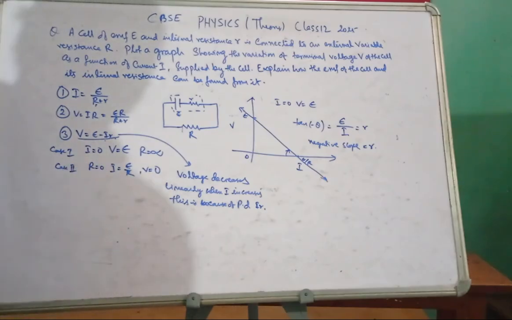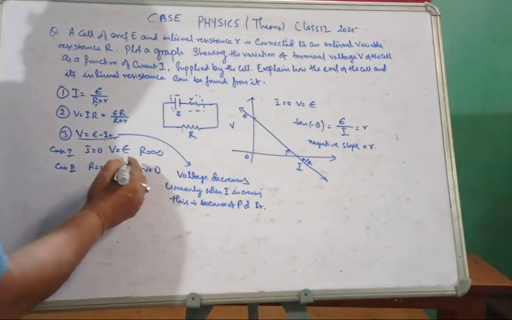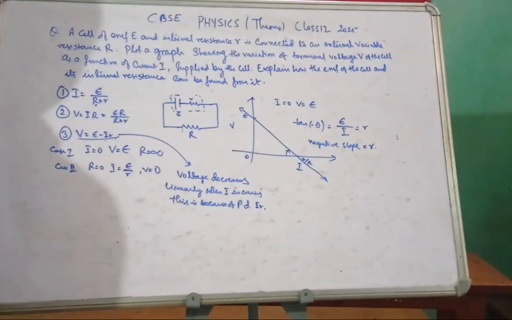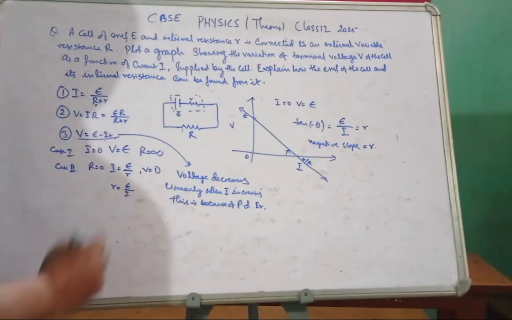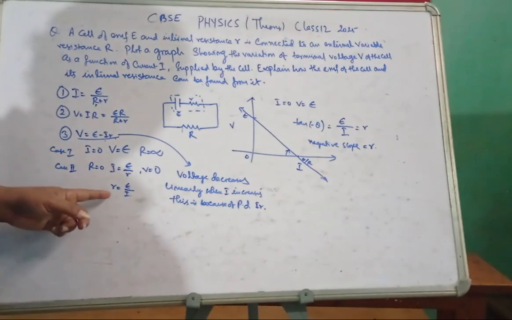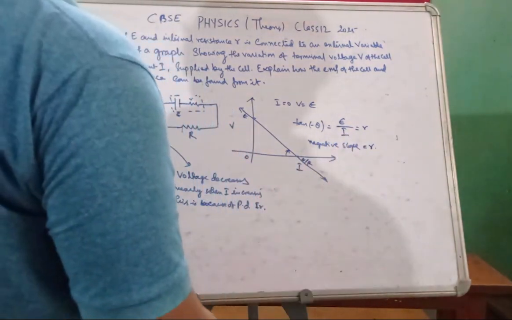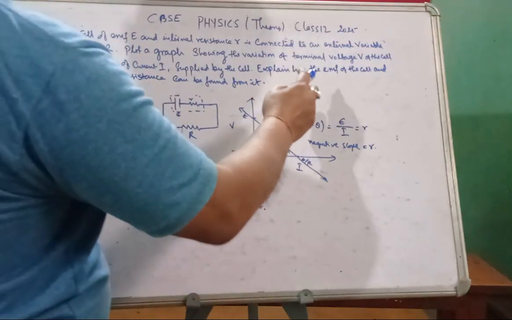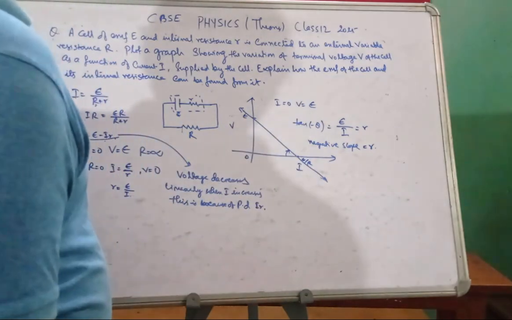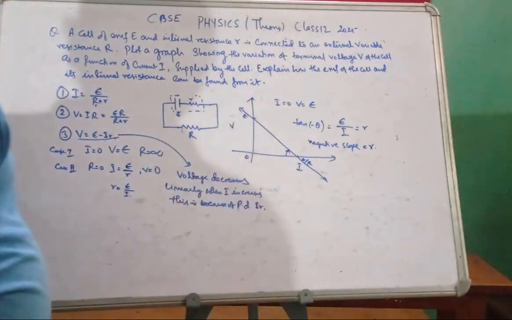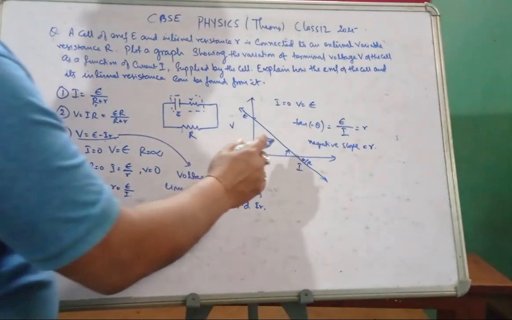You can see here, when R is 0, r is equal to epsilon by I. So the negative slope will give you r, and you can find the EMF of the cell when I is equal to 0, V is equal to epsilon, that is the EMF.